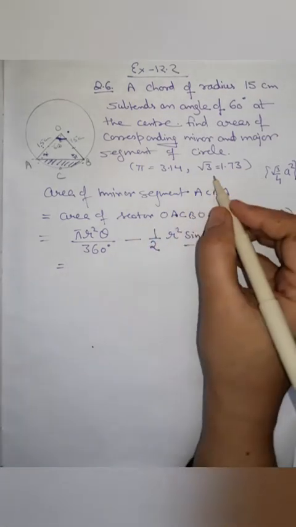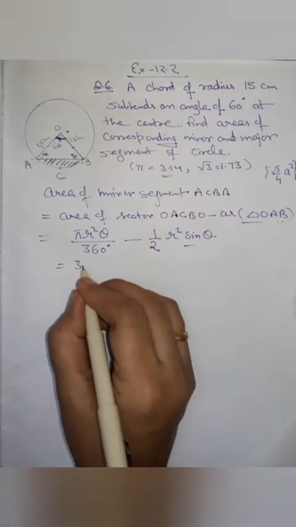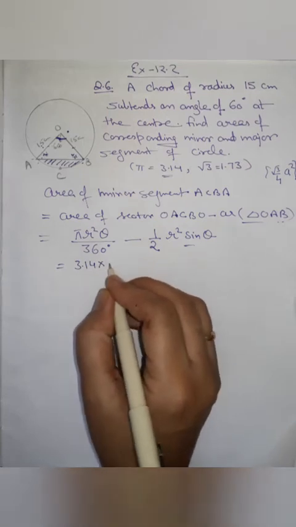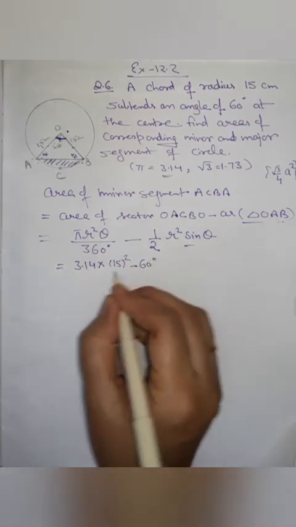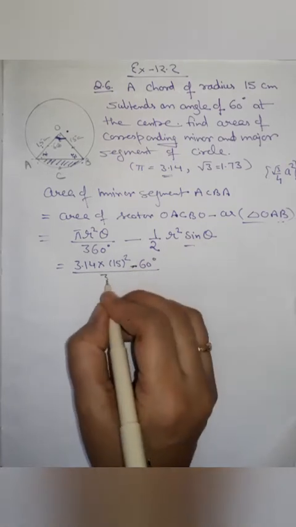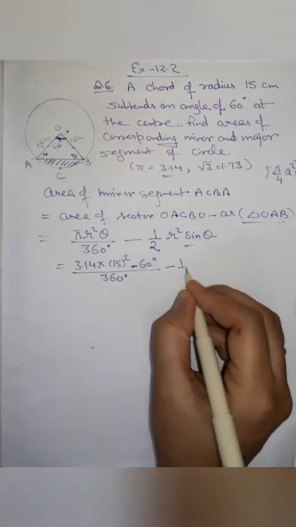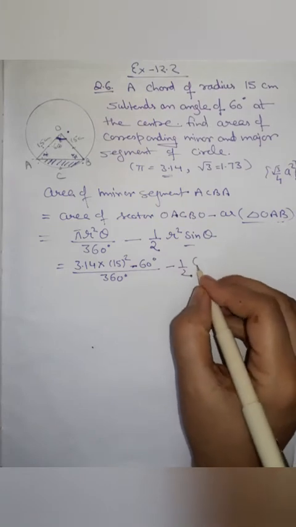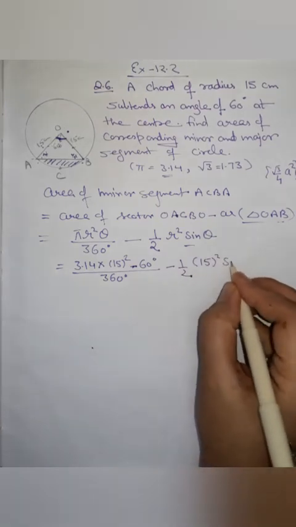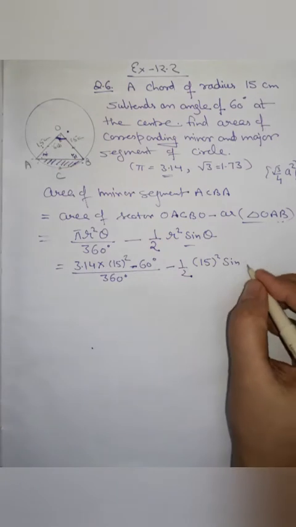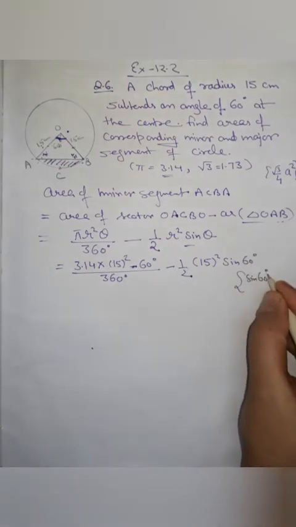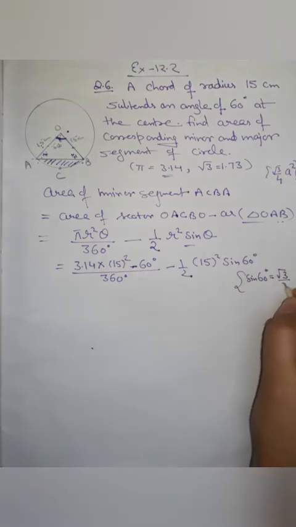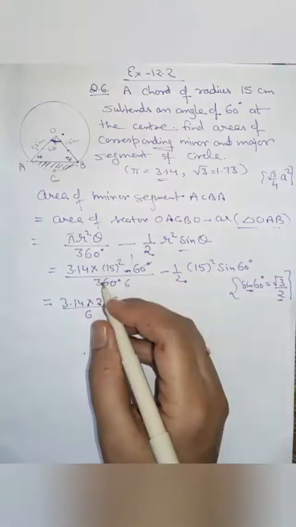Here pi is given as 3.14, r square, radius is given, 15 square, theta is 60 degree upon 360, minus 1 by 2 r square, 15 square, sine theta, 60 degree, and we know sine 60 is equal to root 3 by 2. This is the value of sine 60.